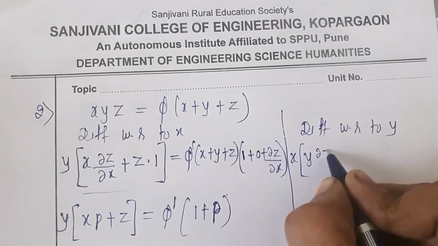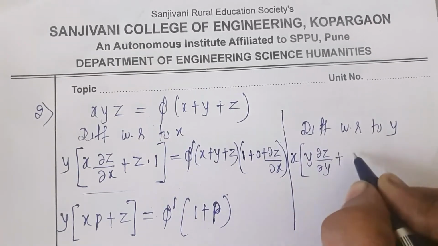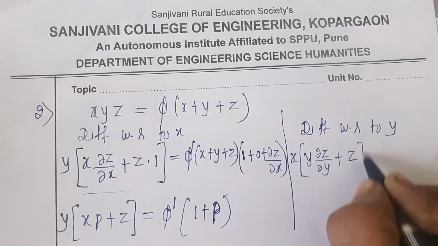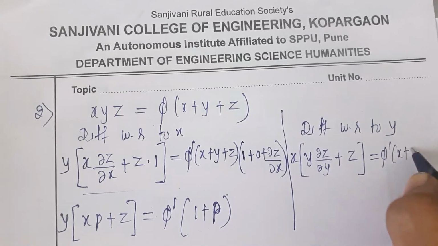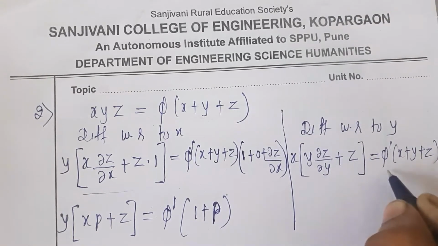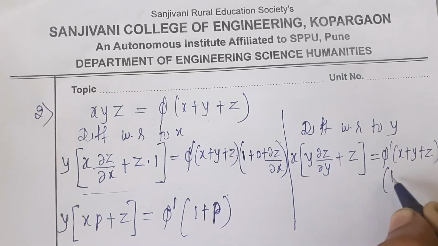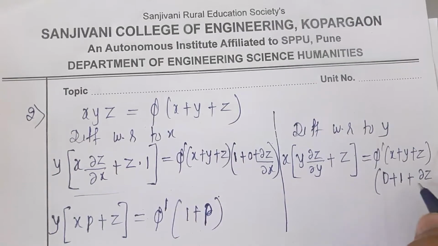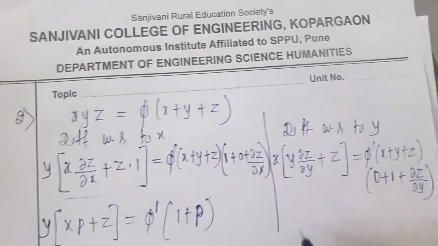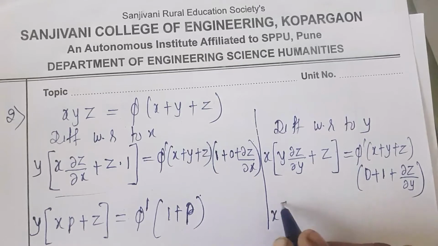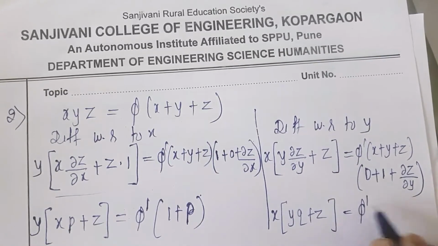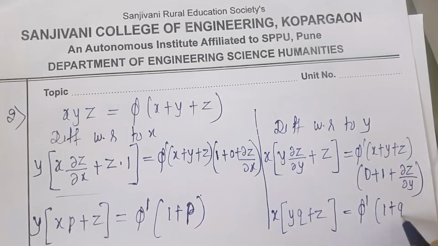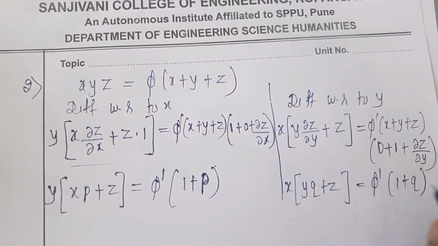So y into del z by del y plus z into the derivative of y, which is 1, is equal to phi dash of x plus y plus z multiplied by 1, the derivative of x is 0, the derivative of y is 1, and the derivative of z is del z by del y. So x multiplied by yq plus z is equal to phi dash multiplied by 1 plus q. So this is another equation.